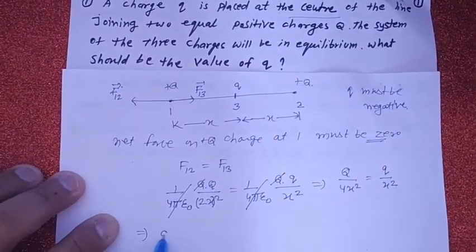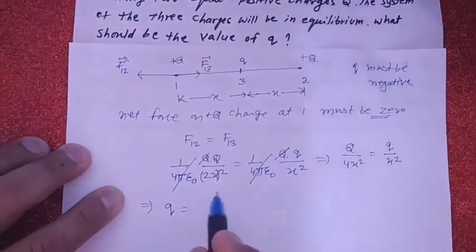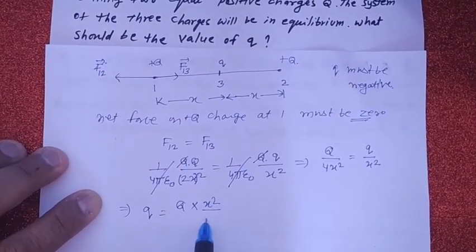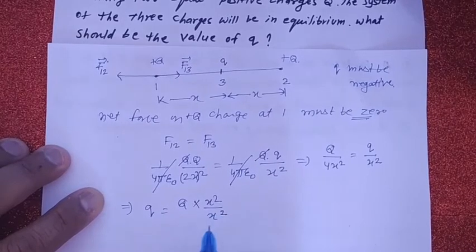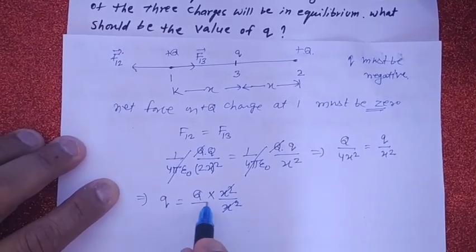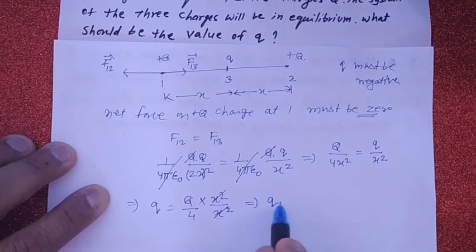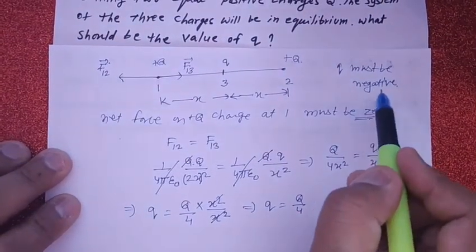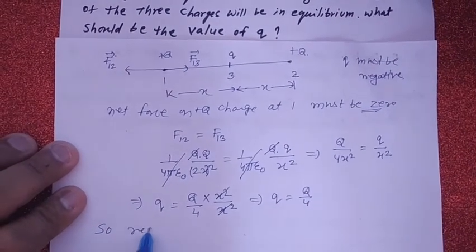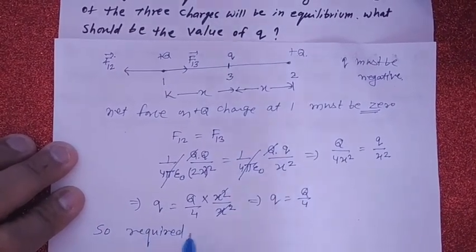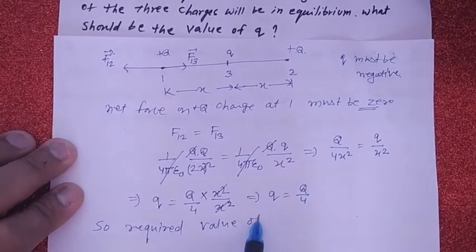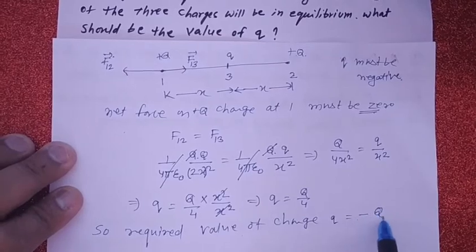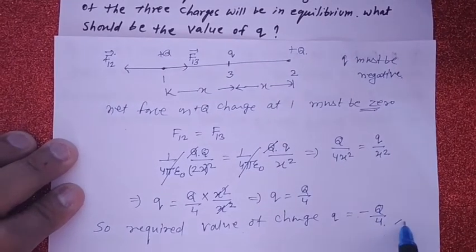So small q equals capital Q into x square upon 4x square. X square is cancelled. Here 4 is also there. So small q equals Q upon 4. But q must be negative. So the required value of charge q is minus Q upon 4.